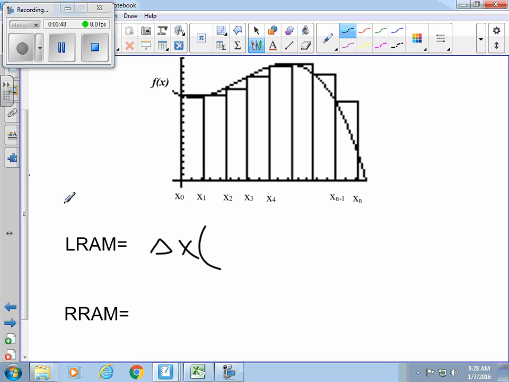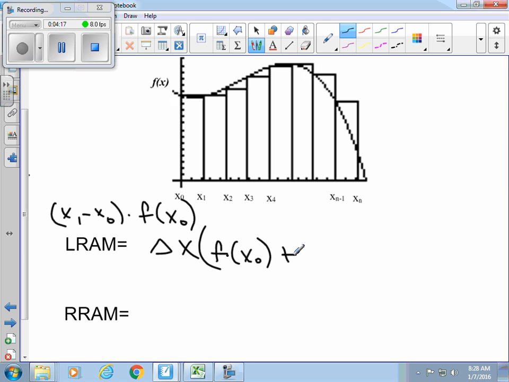If not, then on each rectangle you would have to do x1 minus x0 times the height. If I'm doing a left rectangle approximation, what would my first height be? F of x subscript 0. Right? I am going to go with the shortcut notation, assuming that we are choosing equal rectangles.